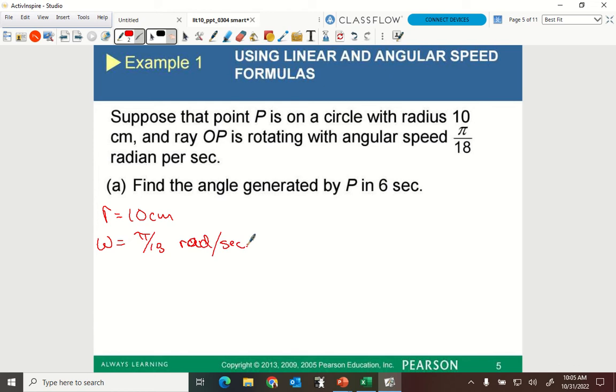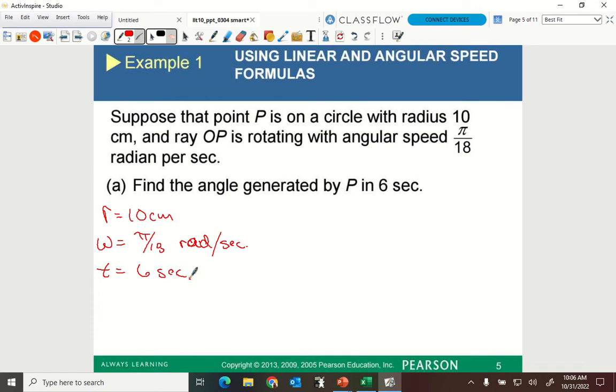All right, find the angle generated by P in 6 seconds. I'm sorry, not P, time. P is the point that is actually moving around that. So my time is 6 seconds.